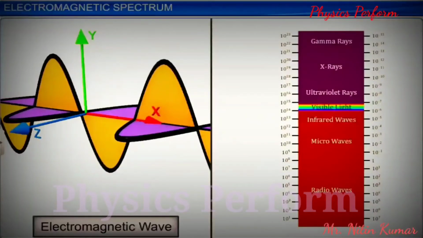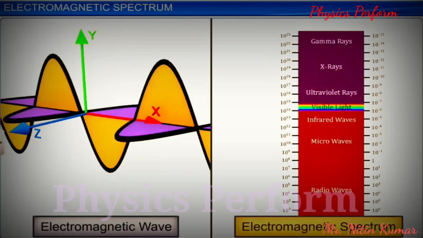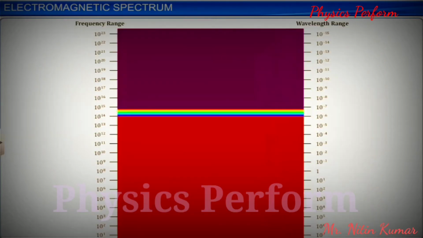The arrangement of these electromagnetic waves in accordance with their increasing or decreasing order of frequency or wavelength is called the electromagnetic spectrum. The electromagnetic spectrum broadly contains 7 different kinds of electromagnetic waves.